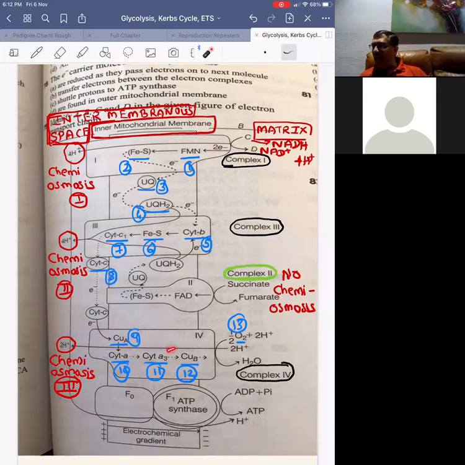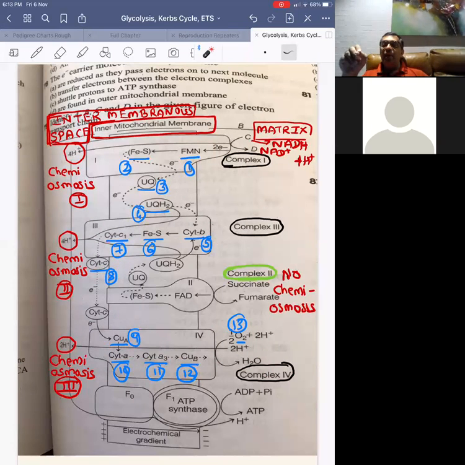From cytochrome A3 will go to, again, copper enzyme. And cytochrome A3 will go to oxygen, and oxygen with electron and proton combine together to form water. And that phenomenon is called terminal oxidation.